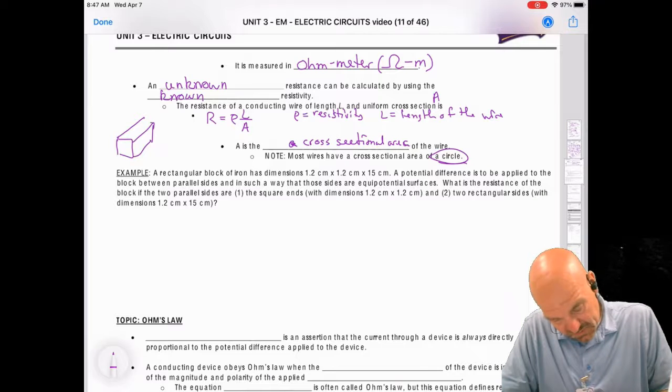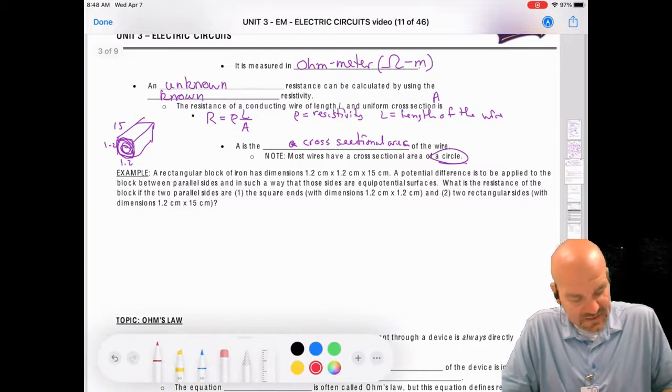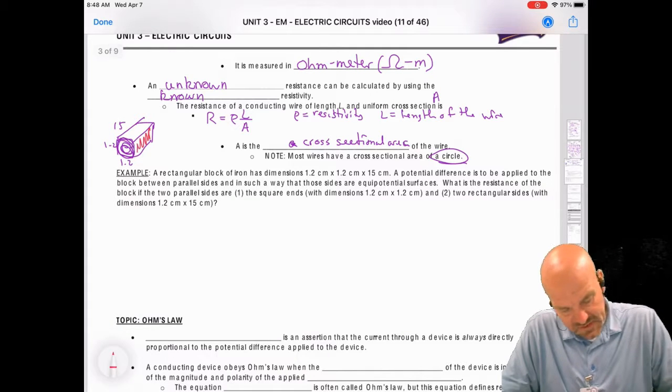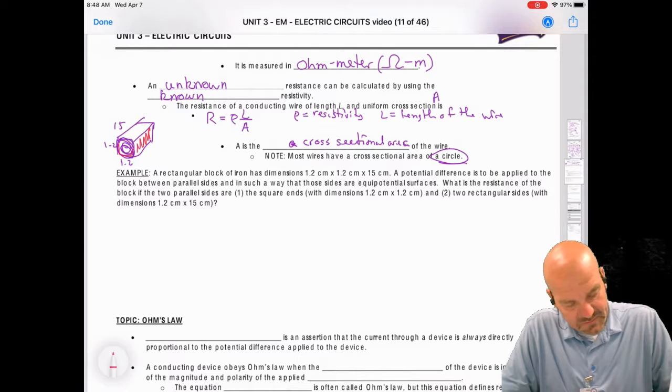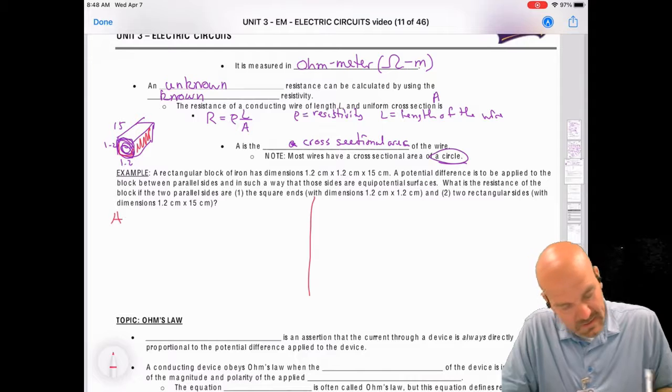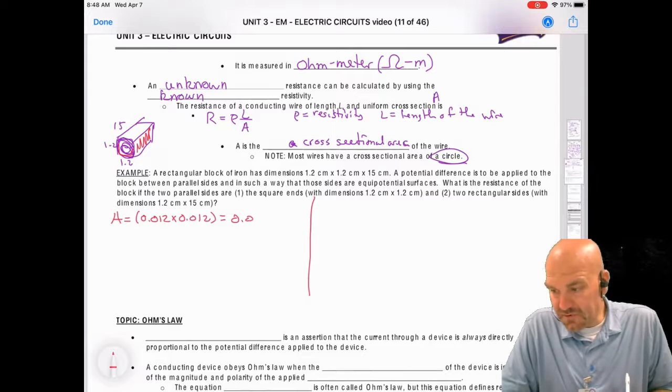So here's our block, and this is 1.2 by 1.2 by 15. For part A, we're going to look at the resistance if we connect wires to the squares, and for part B, if we connect them to the rectangles. Our cross-sectional area for part A is going to be 0.012 by 0.012.